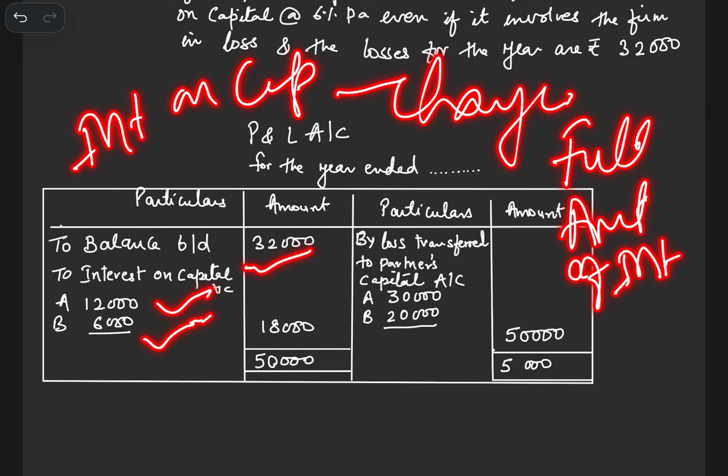How are we doing it? 50,000 multiplied by 3/5. This is for A. And for B, we are calculating 50,000 multiplied by 2/5. So here 30,000 and 20,000, that's 50,000.